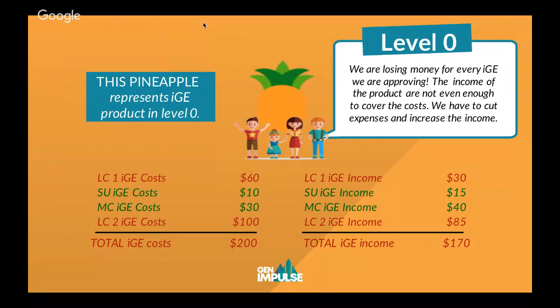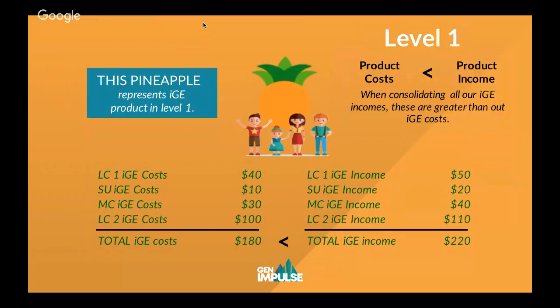This is the consolidated number of the full entity, right? So you have the LC, the specified unit, the second LC, the MC, and in total it is lower. So here you're very unsustainable. You're losing money on every exchange that you're doing.